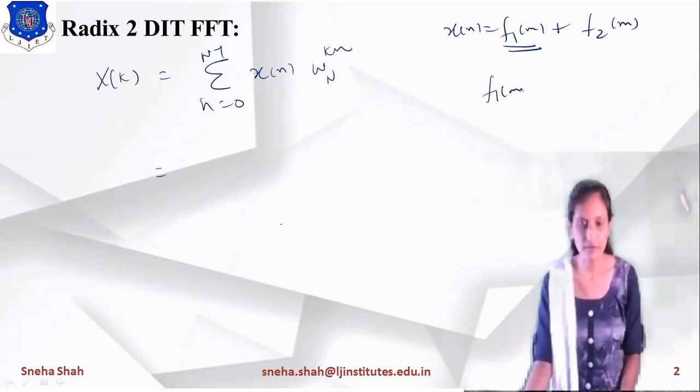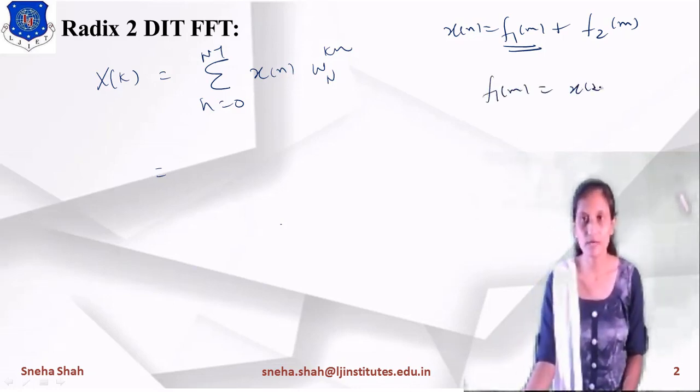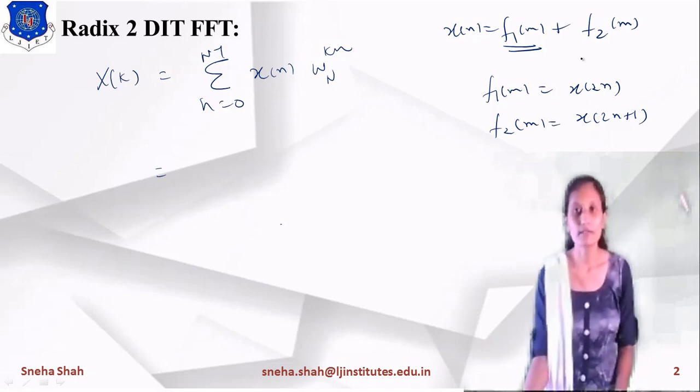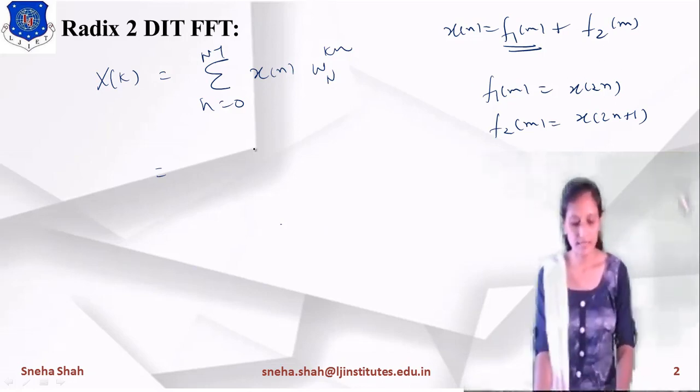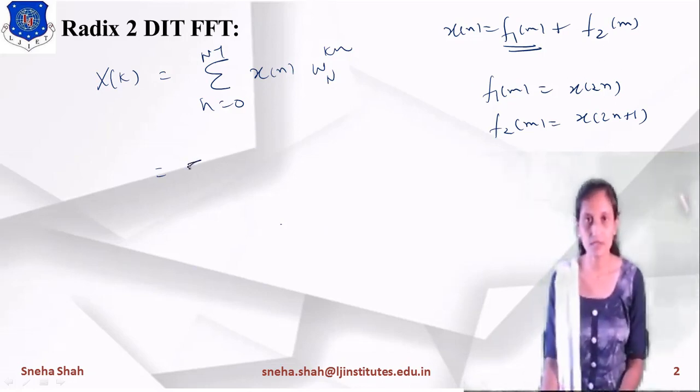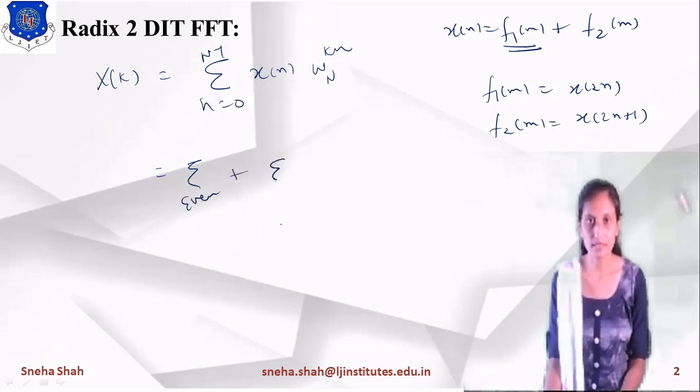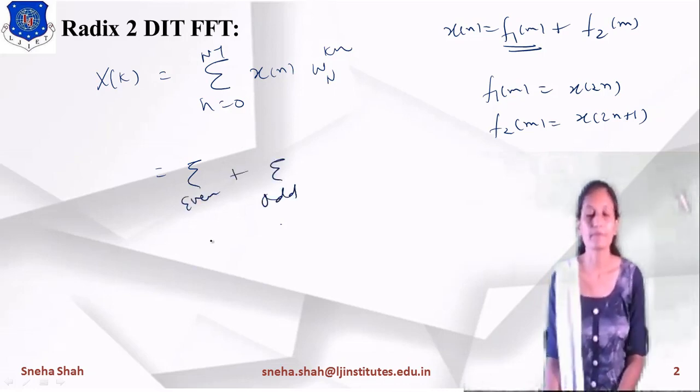So what is the value of f1 of n? f1 of n equals x of 2n and f2 of n equals x of 2n plus 1. Now if we use this in this term, what will be the equation? Summation of even plus summation of odd part, right?